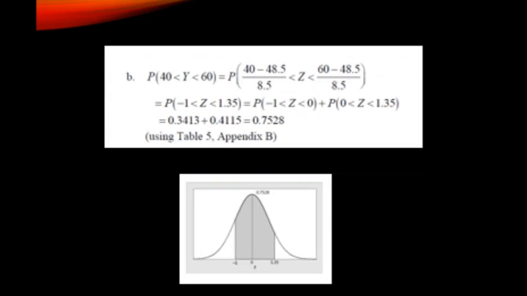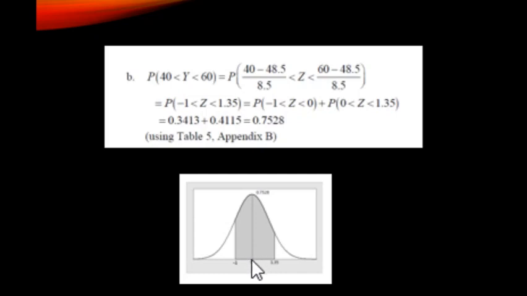Another one here where we have y between 40 and 60. First step, convert these to z values. 40 minus the mean divided by standard deviation is -1. 60 minus the mean divided by standard deviation is 1.35. This time we have -1 located on the left side of 0, and 1.35 located on the right hand side of 0.